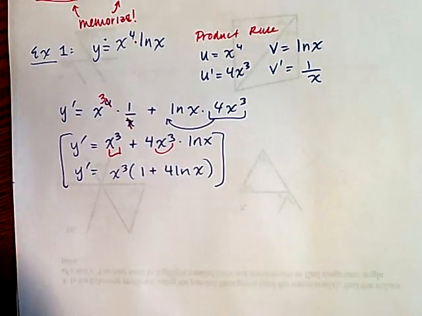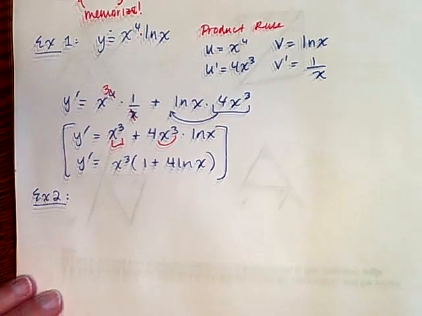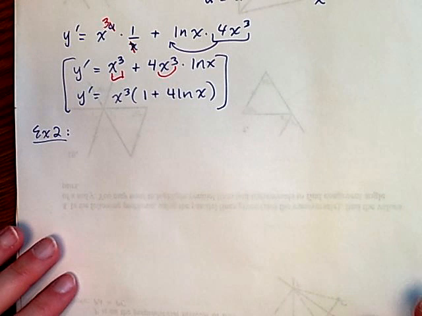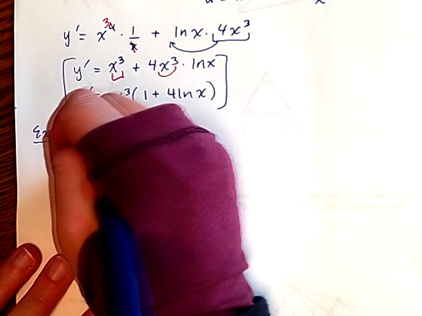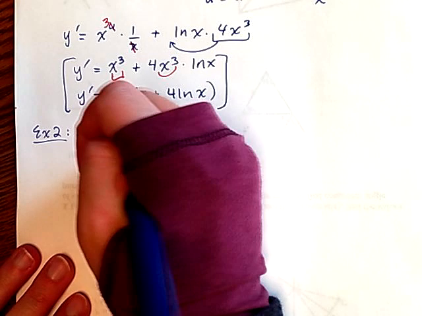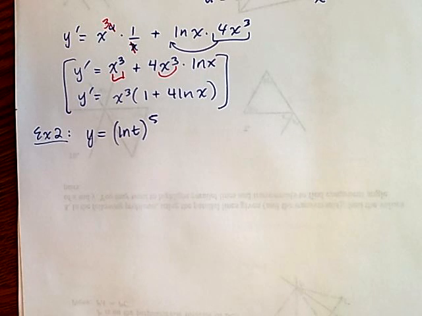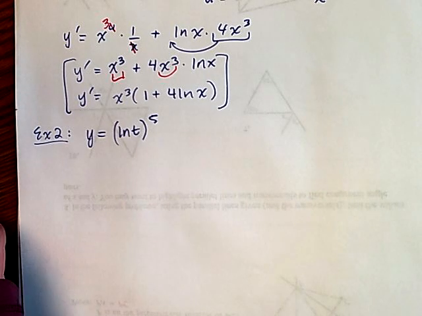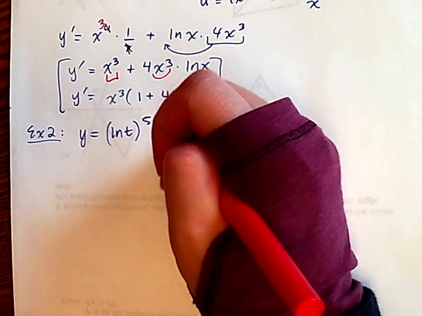Okay, let's look at another example. My next example is going to be a chain rule problem. So we know how to do the chain rule now. If we have ln of t raised to the 5th power, there's an outside function and an inside function, so I need to use the chain rule.